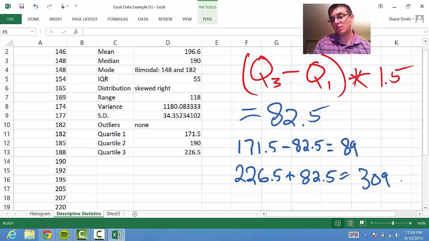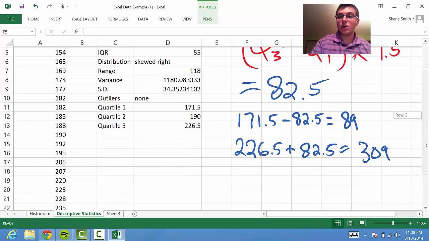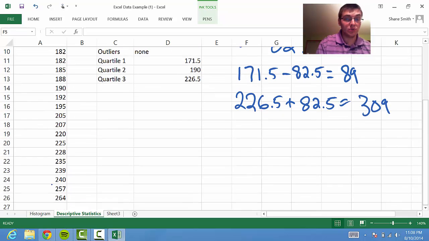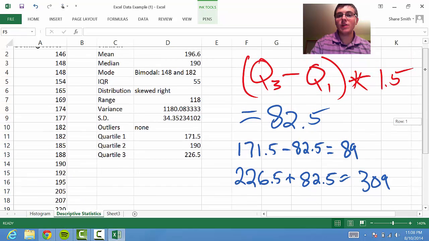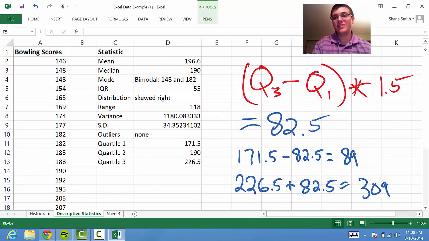And this is an impossible bowling score, because the most you can get in bowling is 300. And the largest bowling score we have, sure enough, is 264. So we do not have an outlier on the upper end either. If perhaps we had a bowling score that was 80, 70, anything below 89, we could call that an outlier. So that's why I have no outliers.